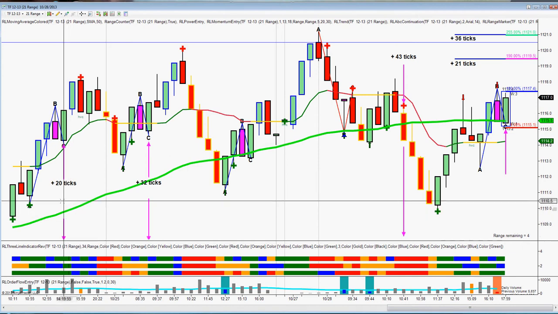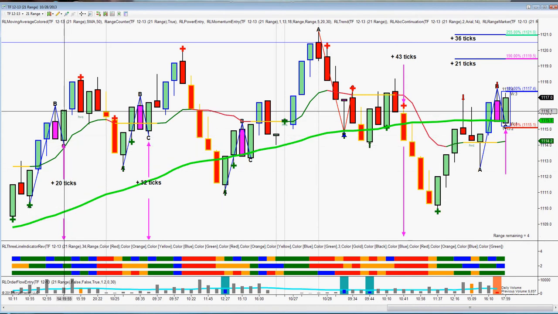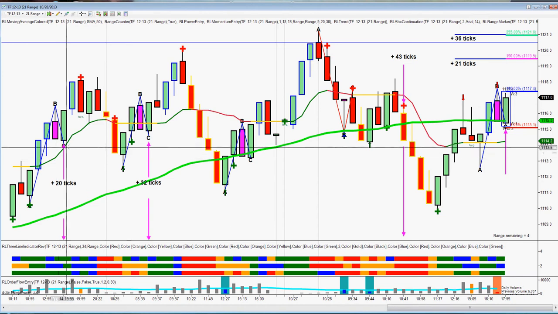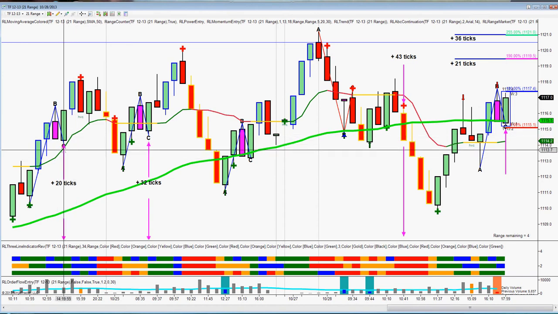Now, taking a look at this trade, the C candle engulfed to the upside with order flow, stochastic, and momentum in its direction, above the 50 and above our proprietary Right Line trend line. The close of the candle was 1116.2. The entry would have been 116.3.